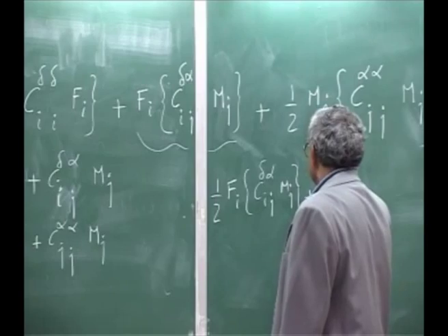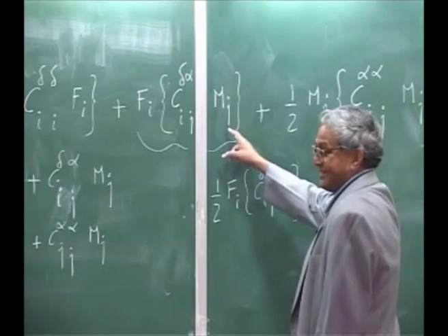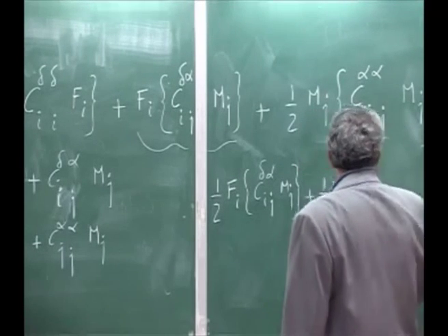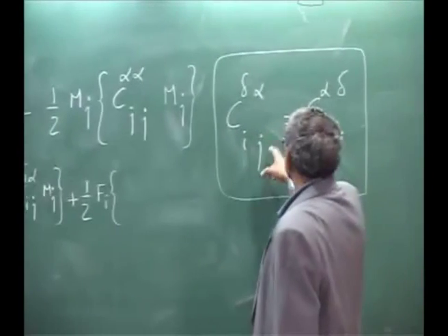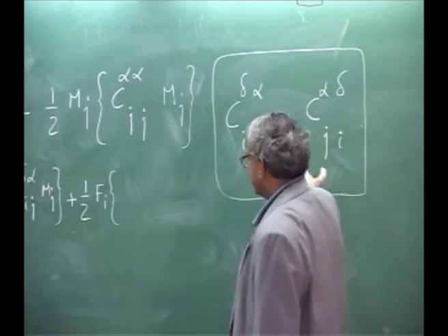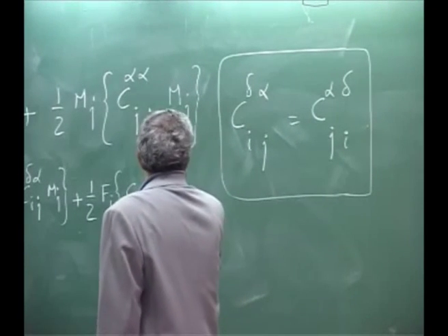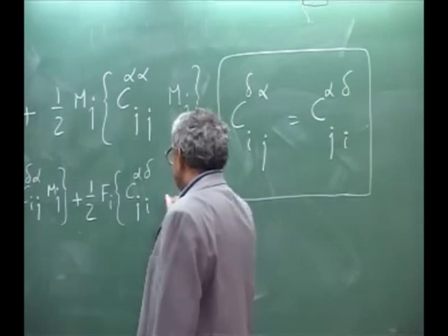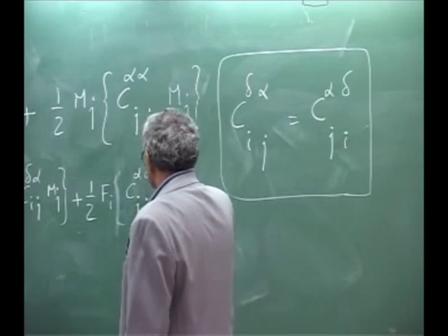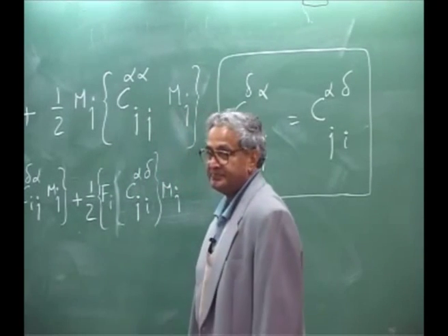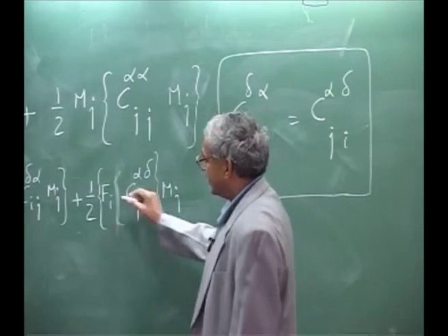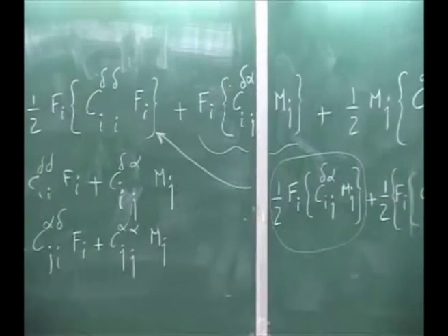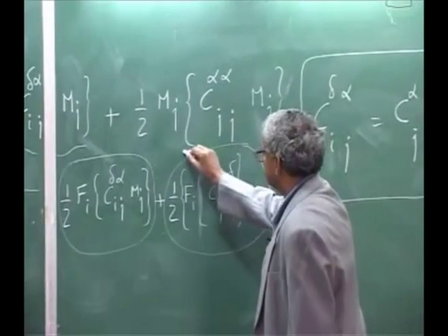Another half, I am writing as half, again you can write it Fi, but I will change it, because you know that this is same as this. So I can put half of it, that means Cji alpha delta Mj. Now I take this term and add it to this part, I take this term and add it to this part.